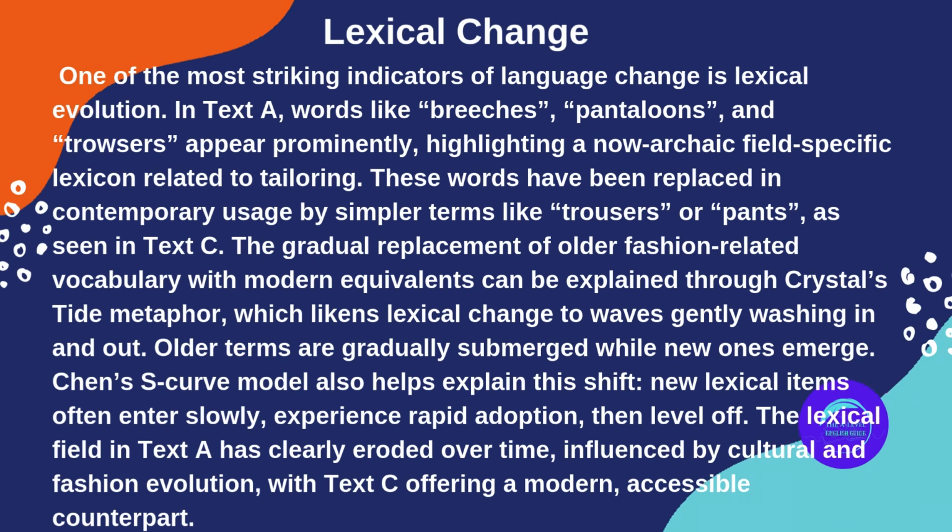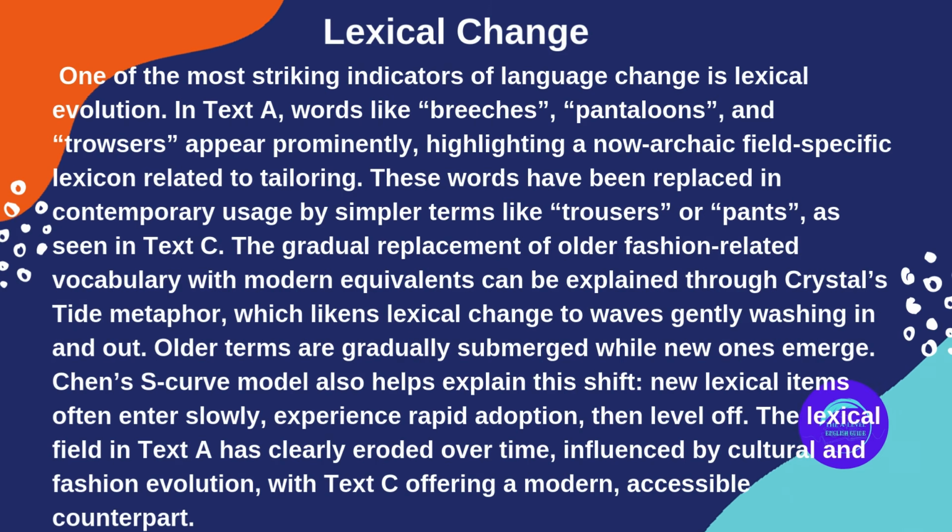In text A, words like breeches, pantaloons, and trousers appear prominently. So these are now obsolete tailoring terms, replaced in modern English with trousers or pants, as seen in text C. Crystal's tide metaphor helps explain this evolution. Older lexical items are slowly washed away, while new ones take their place.